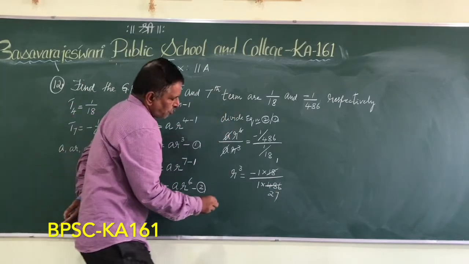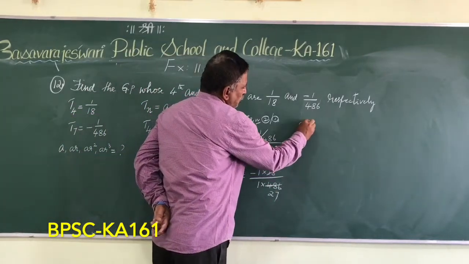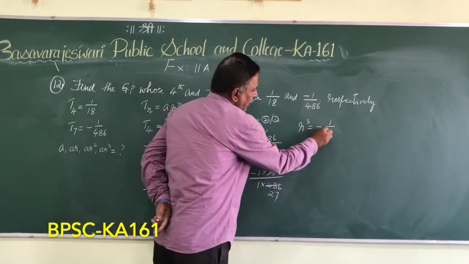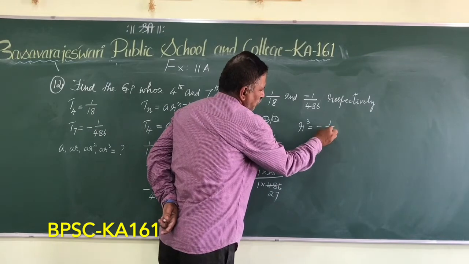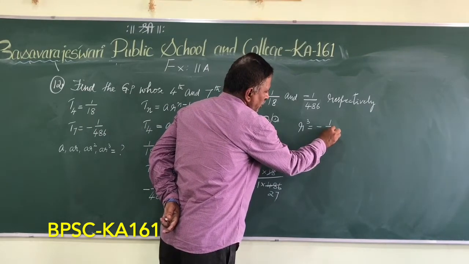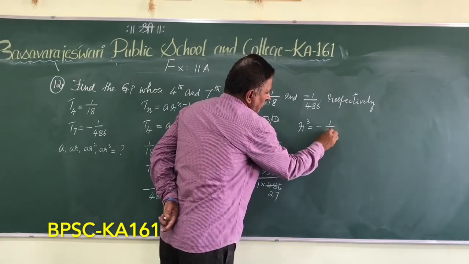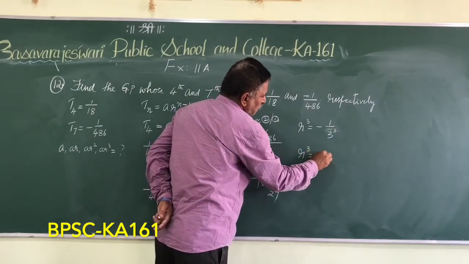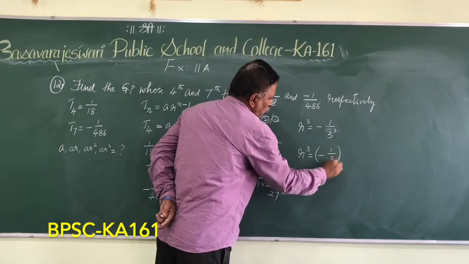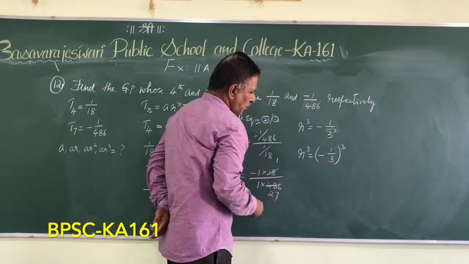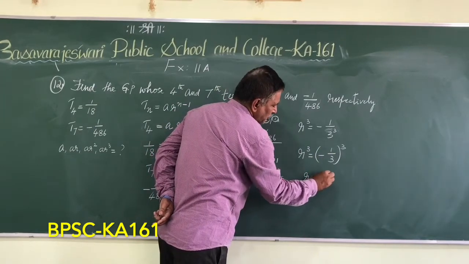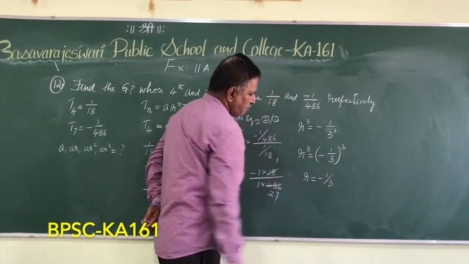So therefore R cube is equal to minus 1 divided by 27, which can be written as 3 cube. Or I can write R cube is equal to minus 1 by 3 whole cube, because 1 can be written as 1 cube. Since powers are equal, bases will be equal. R is equal to minus 1 by 3.